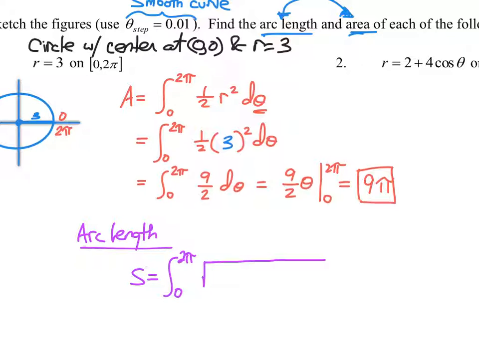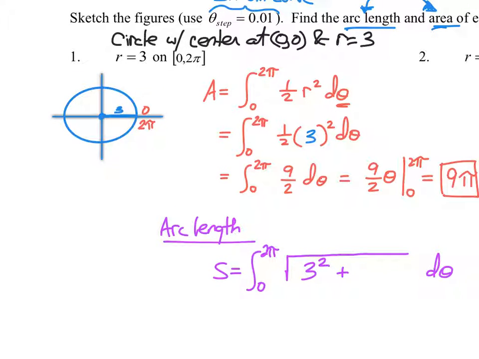All right, so anyway, r squared, so 3 squared, and then it's the sum of the squares, so plus I need dr d theta squared. Well, r is equal to 3.